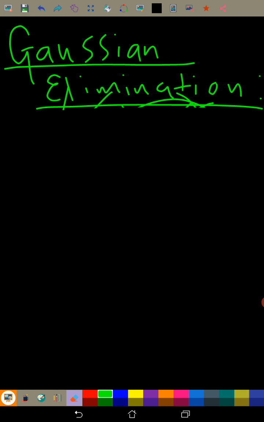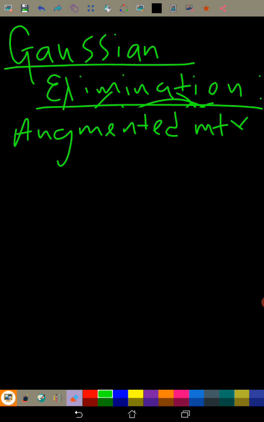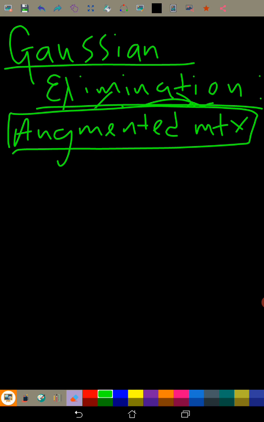So Gaussian elimination changes the augmented matrix by this method.